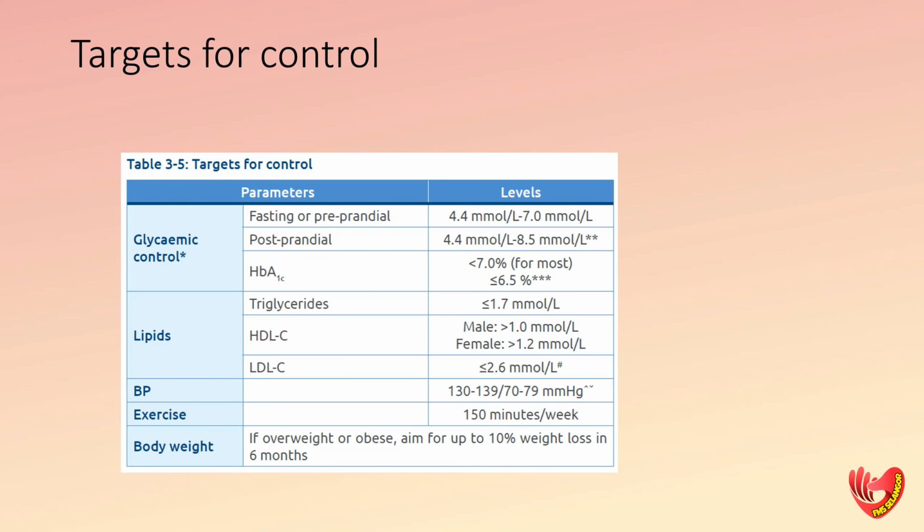Lipid, LDL-C, targets are according to CV risk. That is, for moderate risk, the target is less than 2.6 millimoles per liter. For high risk, the target is less than 1.8 millimoles per liter. For very high risk patients, the target is less than 1.4 millimoles per liter.